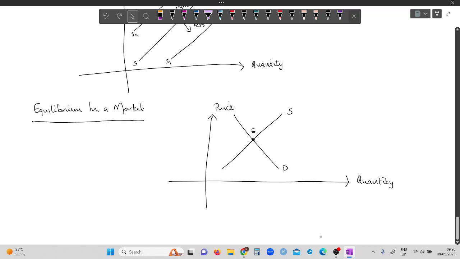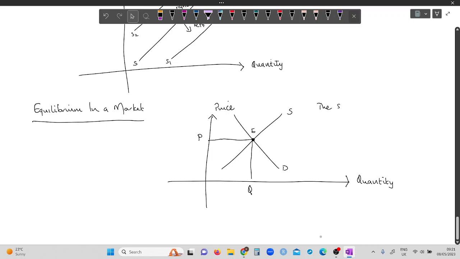It is the point E. You will have the equilibrium quantity and the equilibrium price. This is how prices are determined in a market. What are we saying here? The price that consumers are willing to buy at is the exact price that producers are willing to sell at. This is how we have the equilibrium.